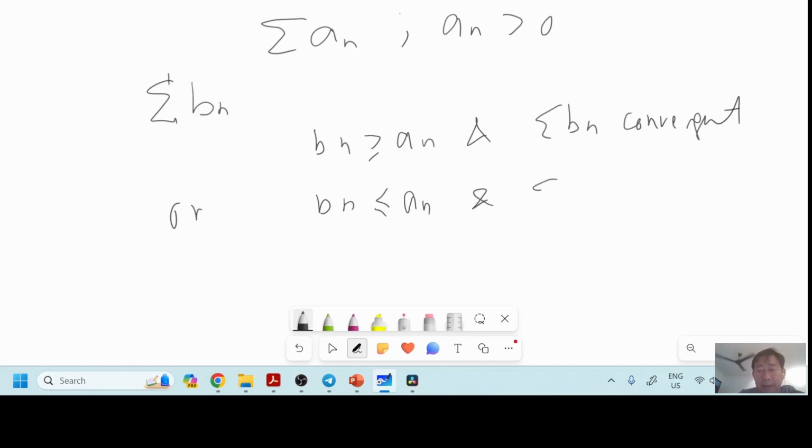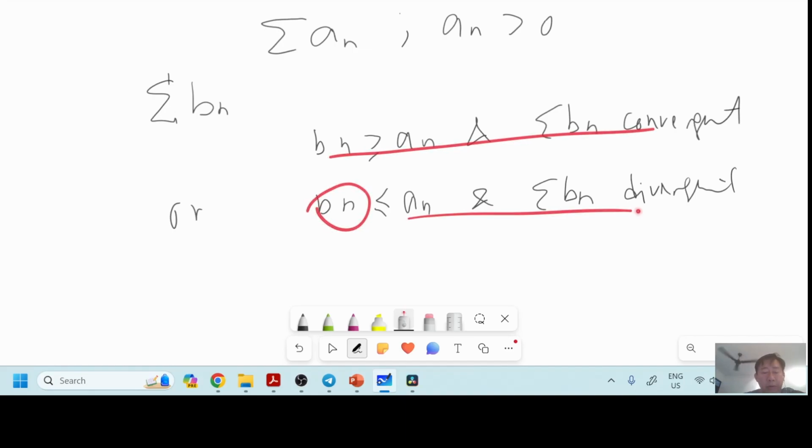At the same time, the series is divergent. So if you can find a series that fulfills either condition, then you will be able to conclude the convergence or divergence of An.